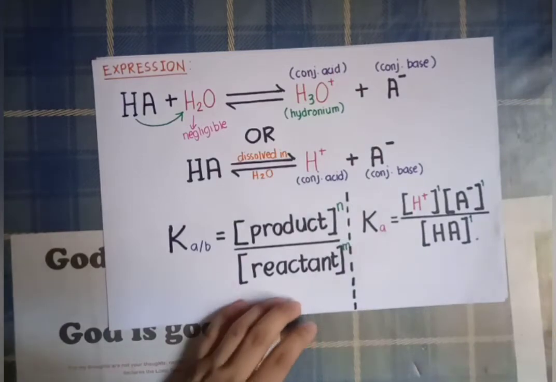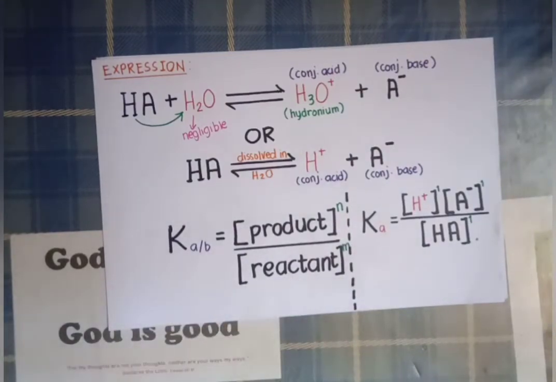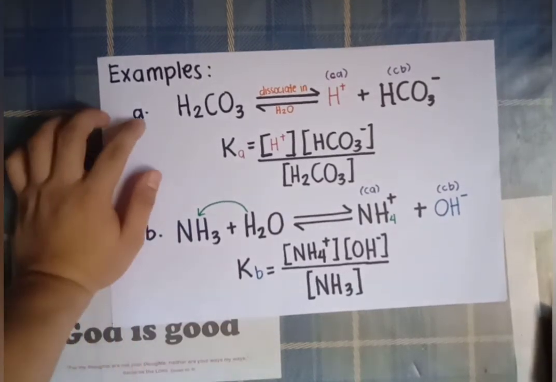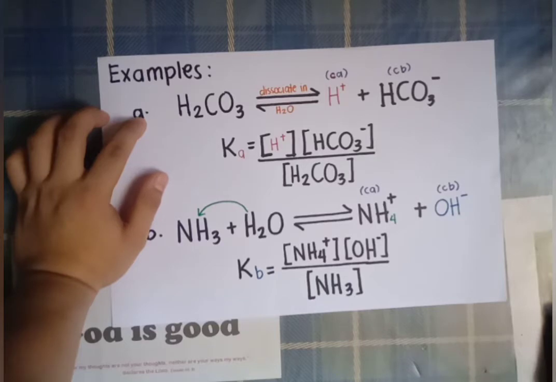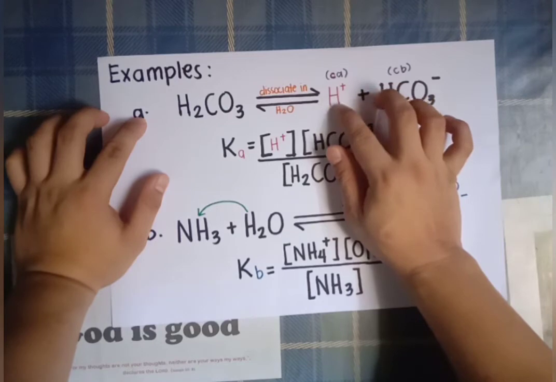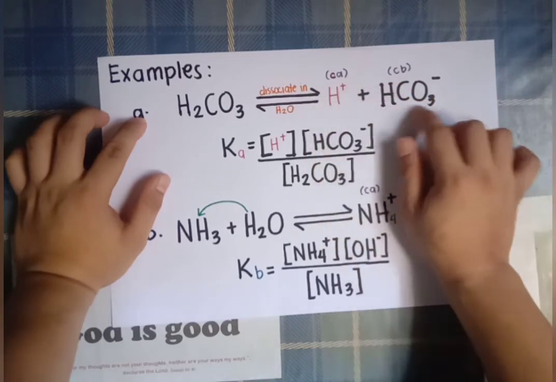Now let's have here another example, or other examples, on how we can write the dissociation constant expression. So let's have here letter A, carbonic acid, and once it is dissociated in water, it will produce one positively charged hydrogen and bicarbonate ion.